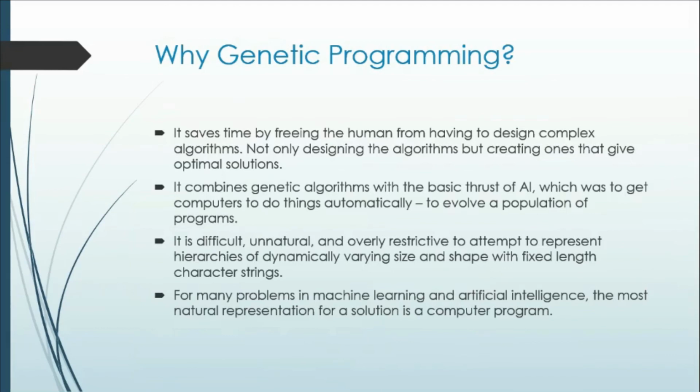For many problems in machine learning and artificial intelligence, the most natural representation of a solution is a computer program. So the solutions to machine learning and artificial intelligence problems is a computer program, and that program should be represented in a natural way. It cannot be represented as a character string. So that's the importance of genetic programming.